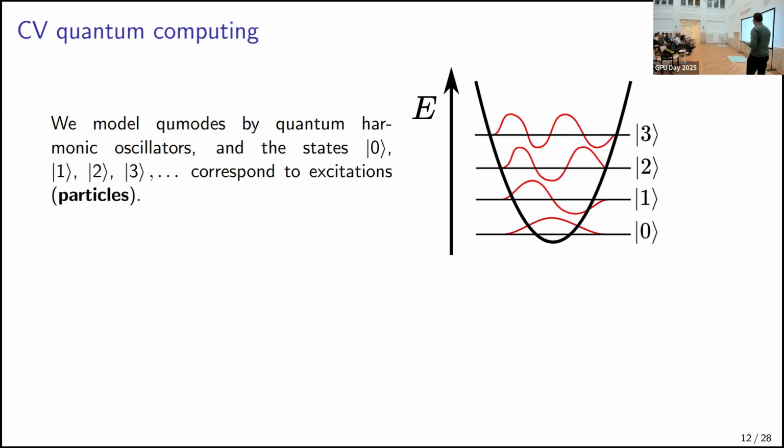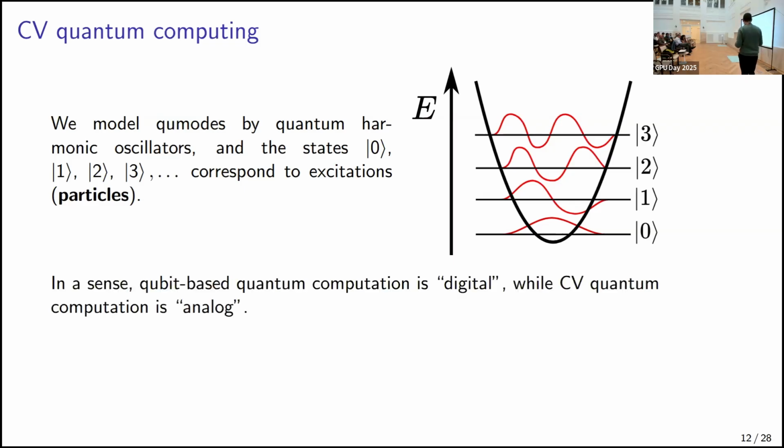We call them particles usually, and you can see this graph representing these basis states, their wave function, and their energy. In a sense, qubit-based quantum computation is digital because you have zeros and ones, while CV quantum computation is analog due to these funny wave functions here. Also, these drawings are a bit funny because I drew them, so this is not actually how they look.